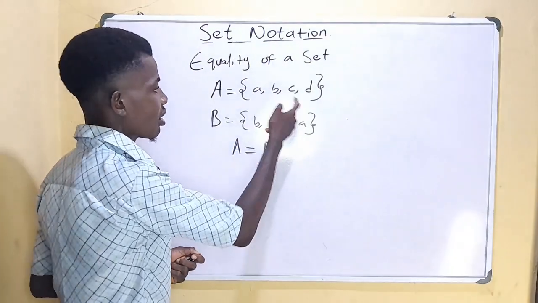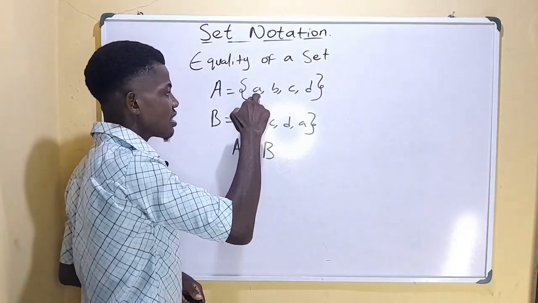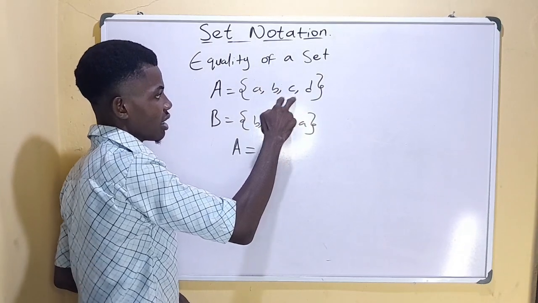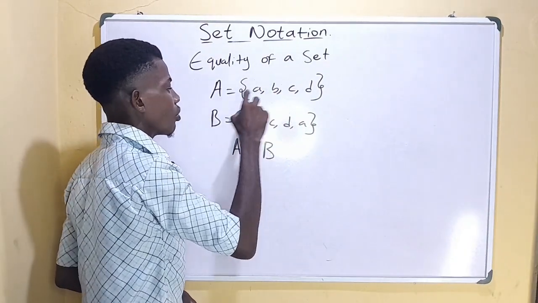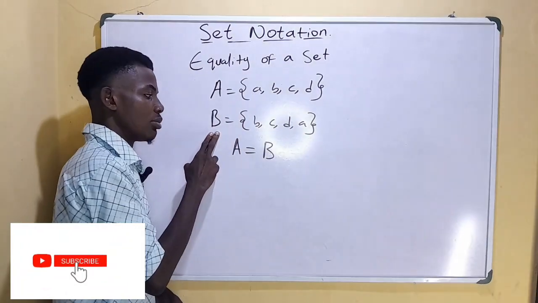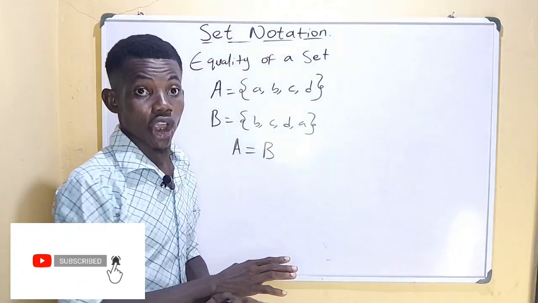We are not considering which one comes first, but since the same elements that are here are the same elements that are here, set A and set B are said to be what? Equal.